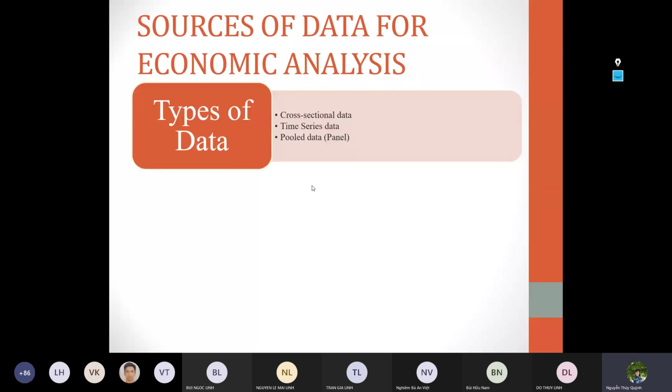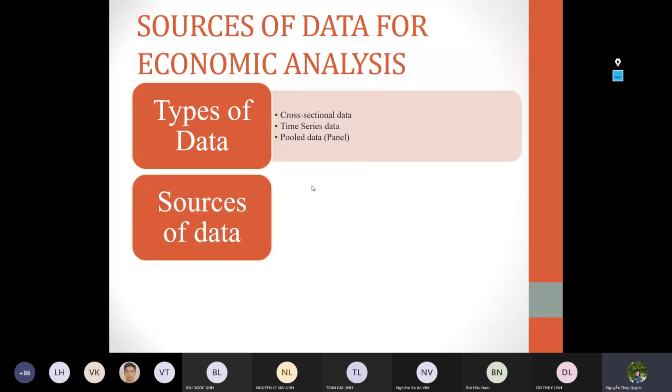For time series, you will take advantage of the data by using some time series models, which you will learn in forecasting and in economics and business. For panel data, you will use models like the fixed effects model or random effects model that you study in Econometrics 2. So for each type of data, we have a different way to deal with them.